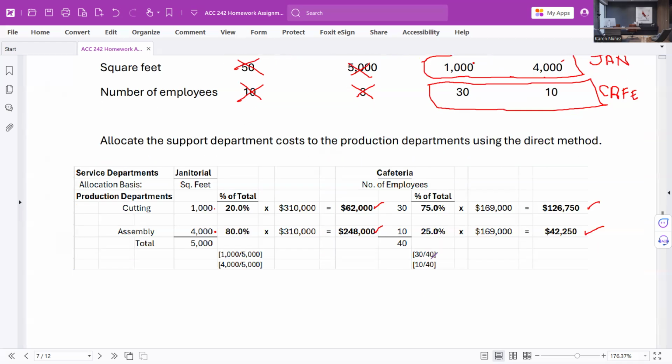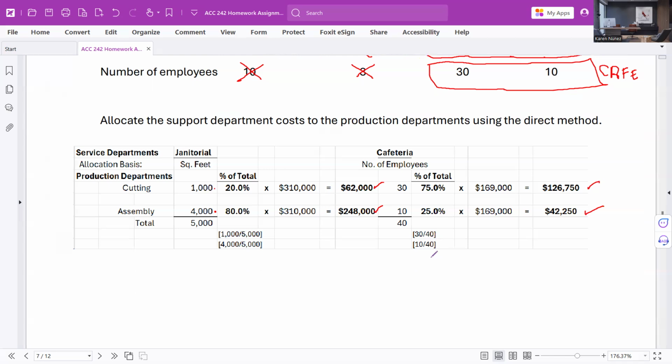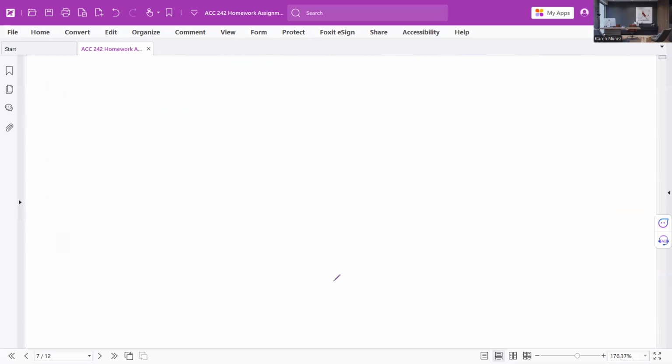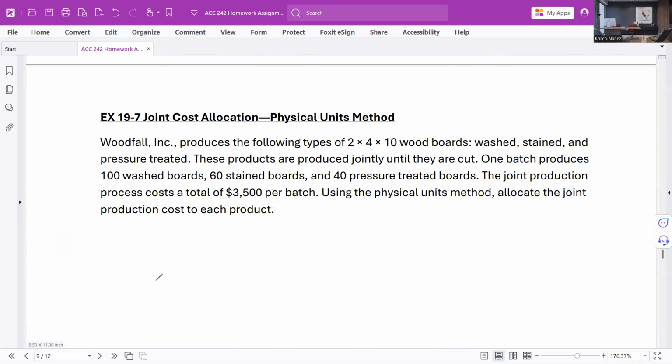Okay, we've done a couple of these support department cost allocations now. Let's go back to joint costs. Let's go back to the joint costs in exercise 19.7. So in exercise 19.7, when we allocate our joint costs, what we have here is three products.